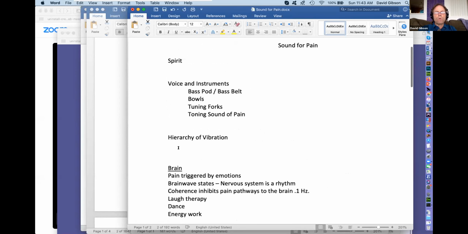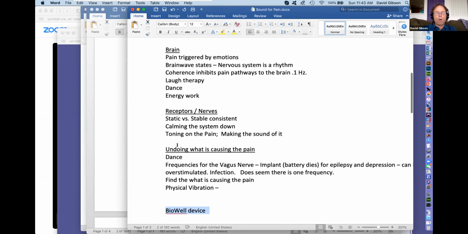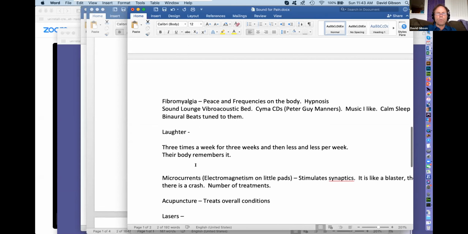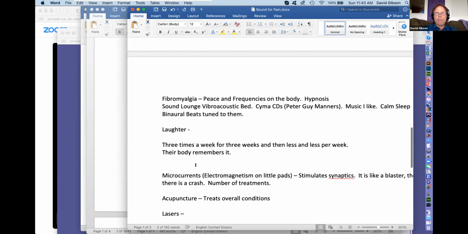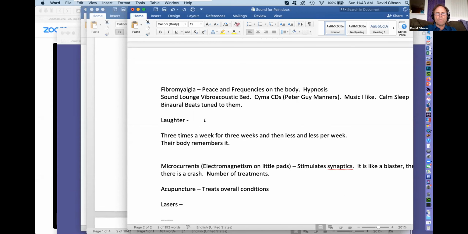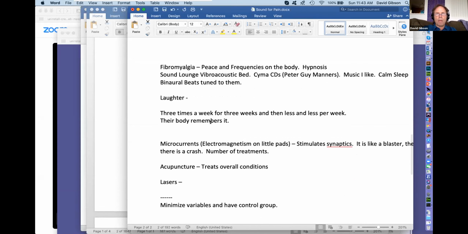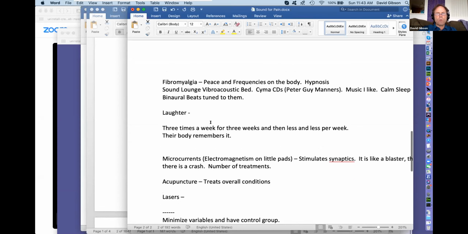So not looking at fibromyalgia, more like these receptors and the nerves that are going to the brain. And then we look at the frequency of different nerves that cause pain, the frequency of different muscles. That would be a good amount right there. And maybe a few other things, maybe bone pain. And then we focus on the core issue that's causing the pain.